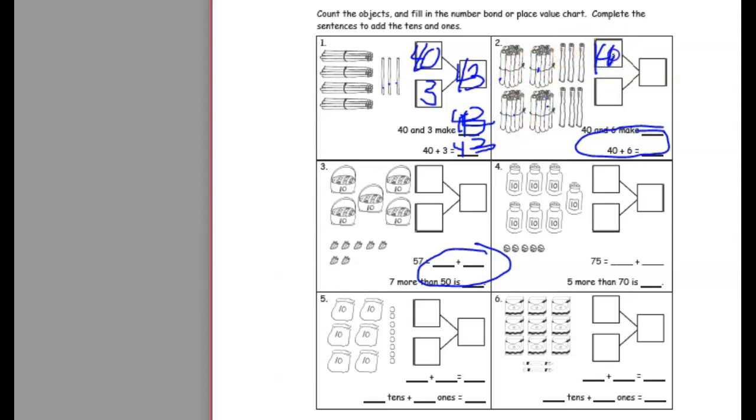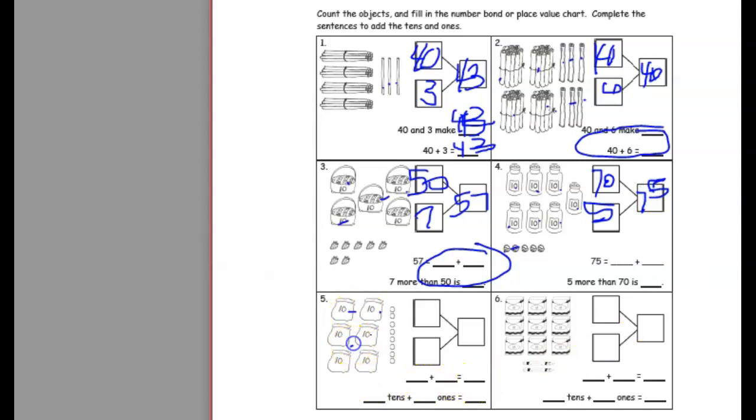So that's 40 plus how many ones? 2, 3, 4, 5, 6. 40 plus 6 equals 46. 10, 20, 30, 40, 50. 50 plus 1, 2, 3, 4, 5, 6, 7. 50 plus 7 is 57. 10, 20, 30, 40, 50, 60, 70. 70 plus how many single marbles? 1, 2, 3, 4, 5. What's 70 plus 5? 75.